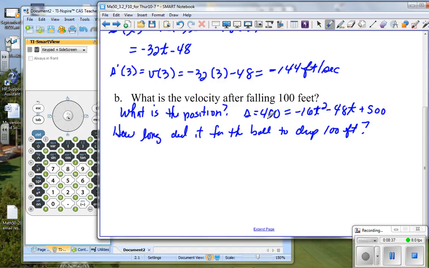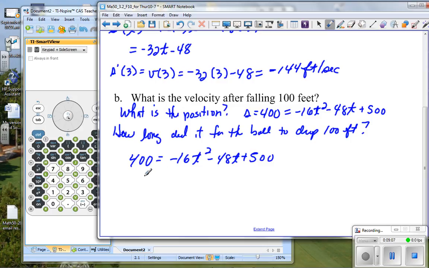Okay, so if we know that the position now, and again the position's above Earth, is now at 400, we have S equals, actually let's go back. Let's realize again, we've got 400 equals negative 16t squared minus 48t plus 500.